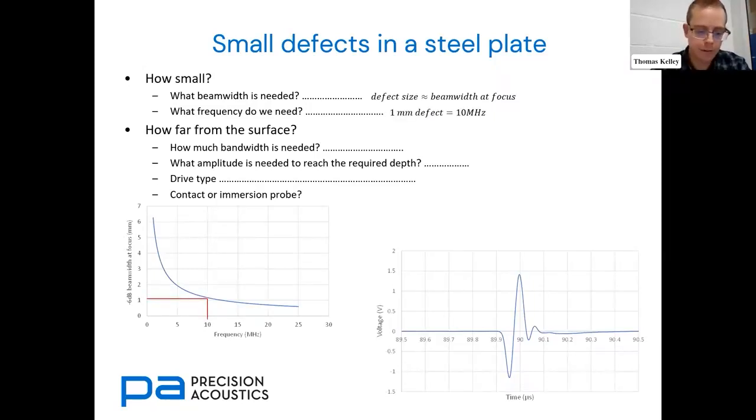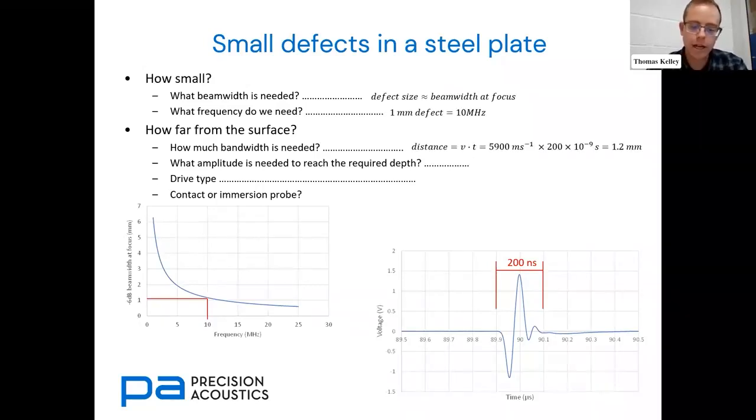So how far from the surface tells us what sort of axial resolution we may need, or temporal resolution. So this pulse here, for example, it's the same as the one earlier. It's only 200 nanoseconds long. But in steel, that equates to about 1.2 millimeters at 5,900 meters a second.